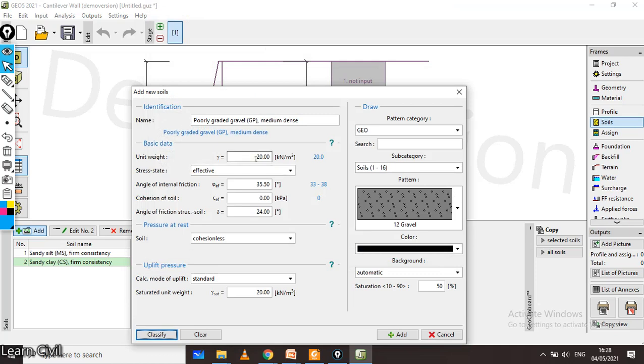Here provide the value of unit weight of soil mass as 20, angle of friction, let us consider it is 33, and gamma saturated, let us consider it is 21 kilonewton per cubic meter. Click on add, you can see here the third type of soil profile is generated, that is poorly graded soil mass. Just close this.